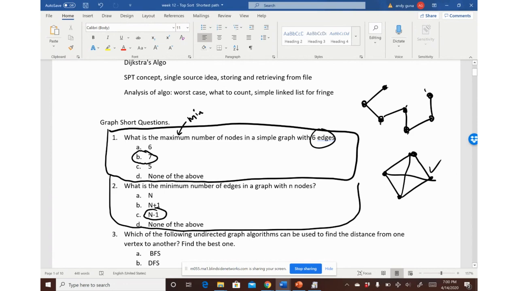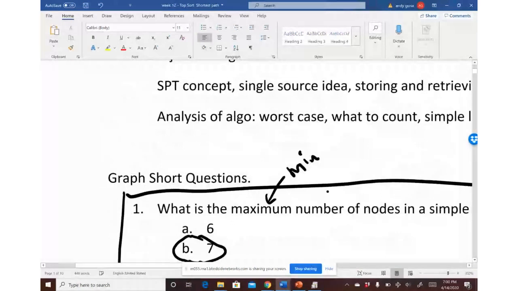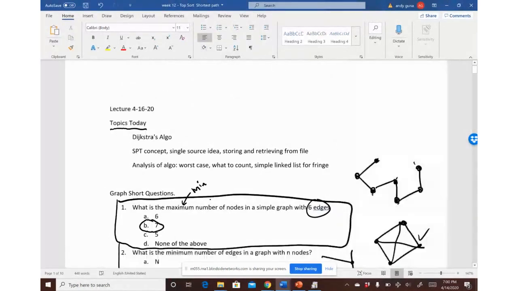Yes, if you have n nodes, the minimum number of edges would be n minus 1, because that would be a tree kind of thing that you can work with.